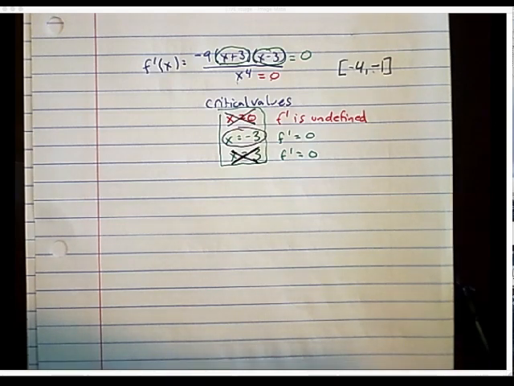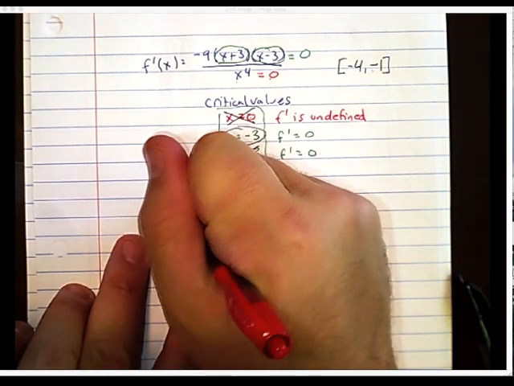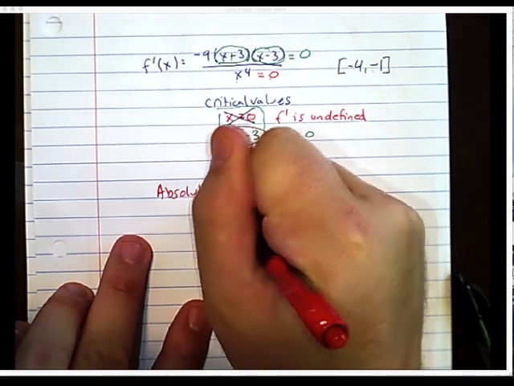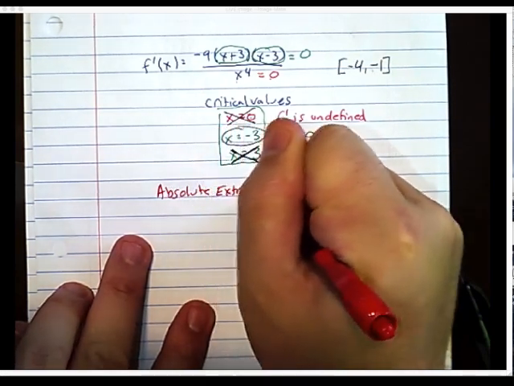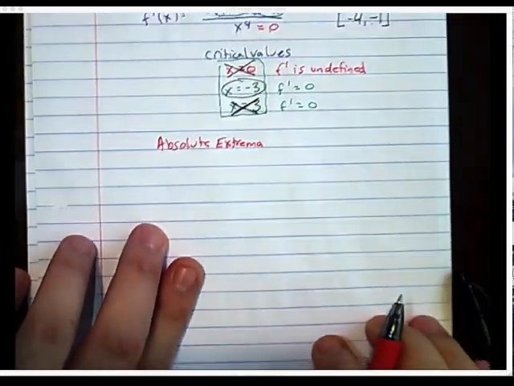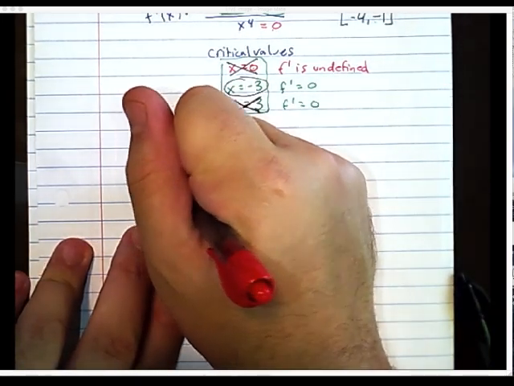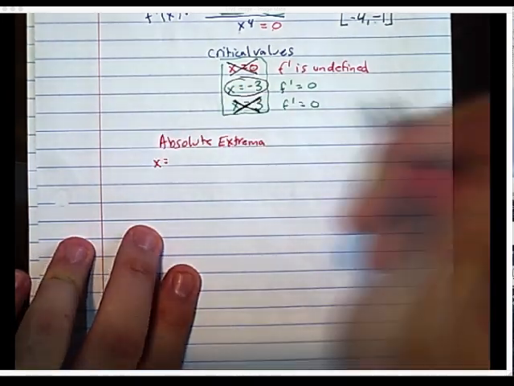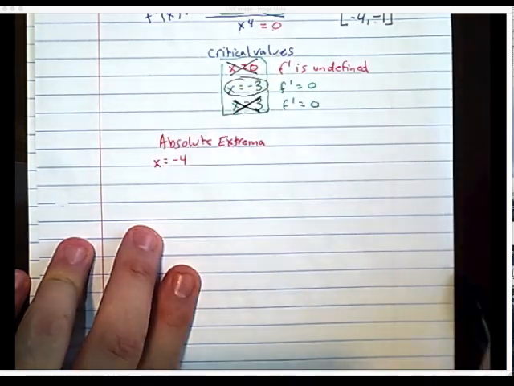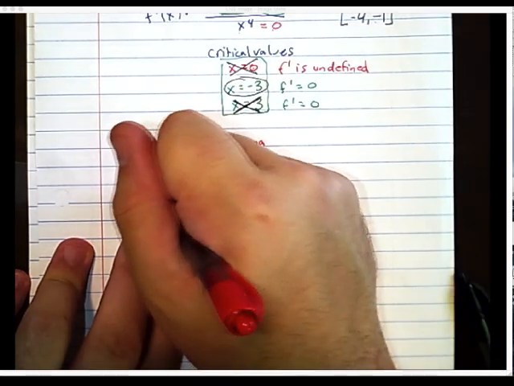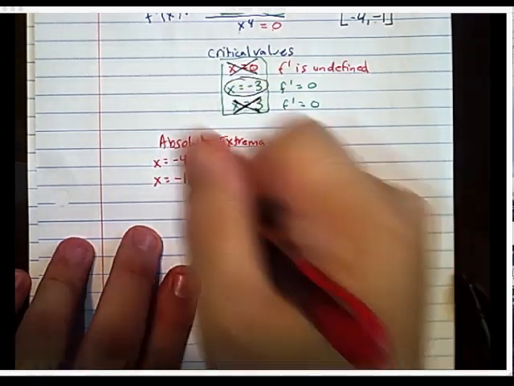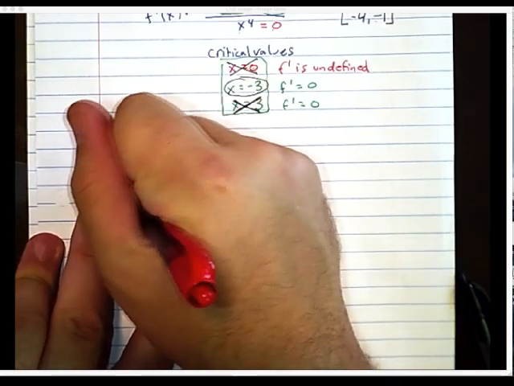So to find the absolute extrema, we have to use three numbers. We have to use our endpoints. Negative 4 was an endpoint, negative 1 is an endpoint, so these two come from the endpoints.